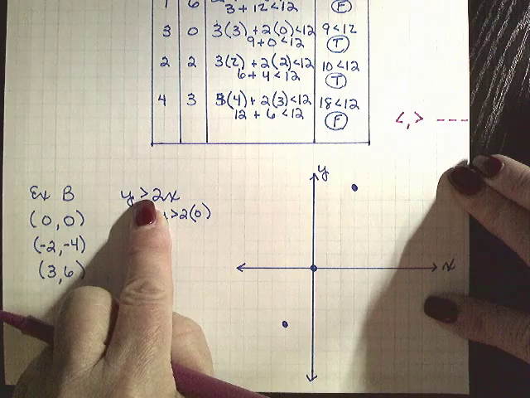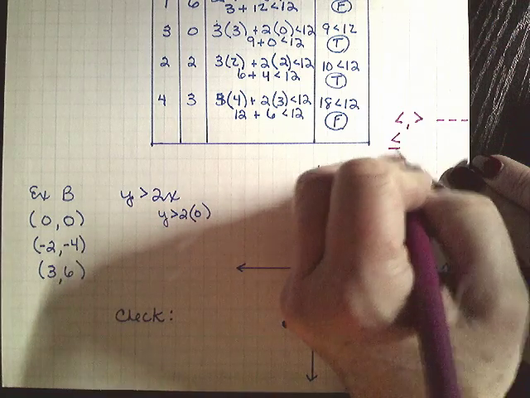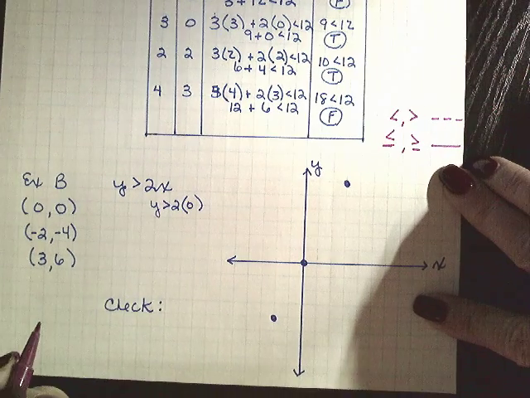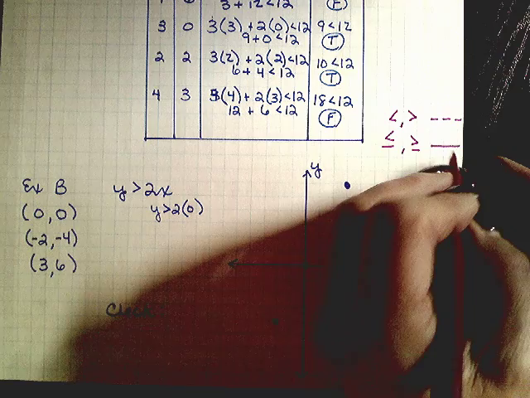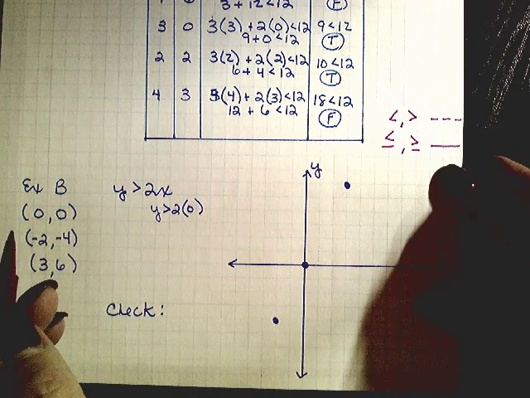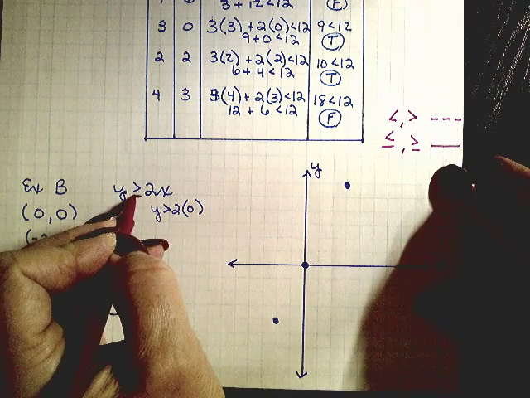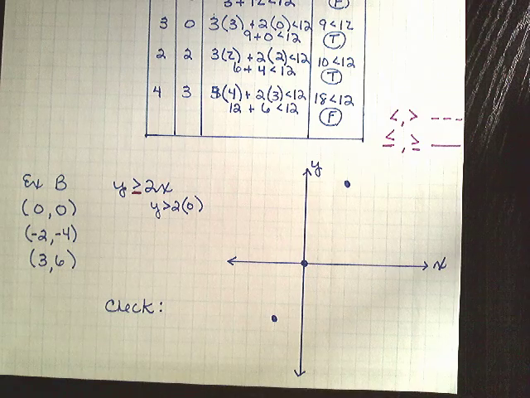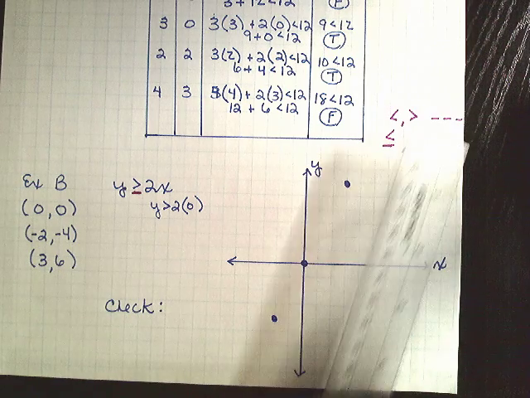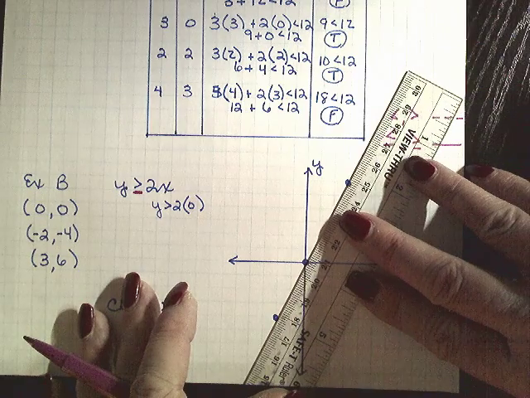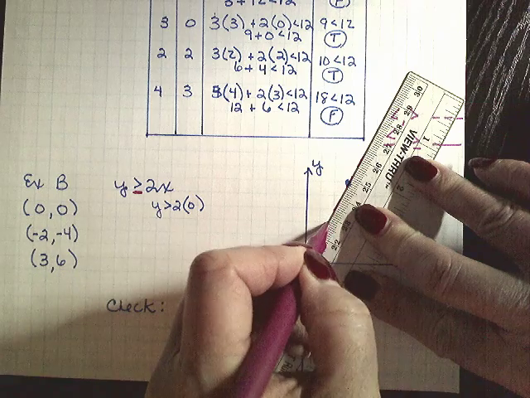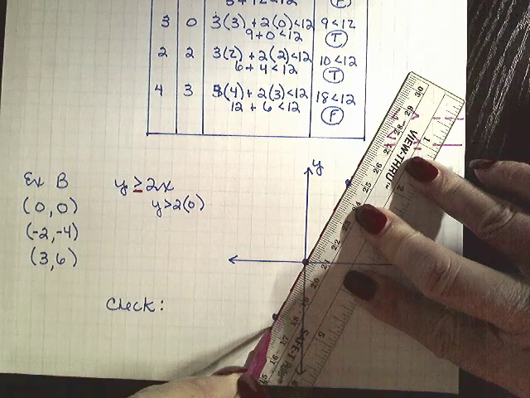If it was less than or equal to or greater than or equal to, then we would use a solid line because those points would be part of the solution set. In this case, we have a greater than sign, so the line that we're going to put on our graph is going to be dotted because it does not include those points. So I'm going to put a dotted line through those points.